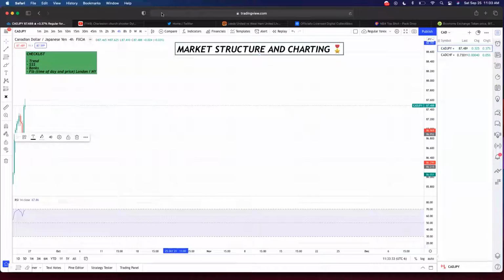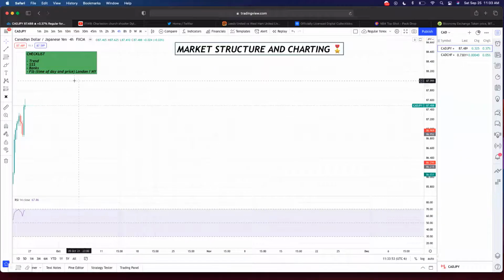You want to know what the market structure is before you can even take any trade. That would guide you to the right directional bias on whatever pair, chart, or trade you're looking at, okay?